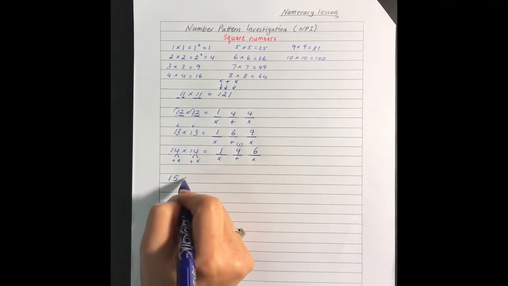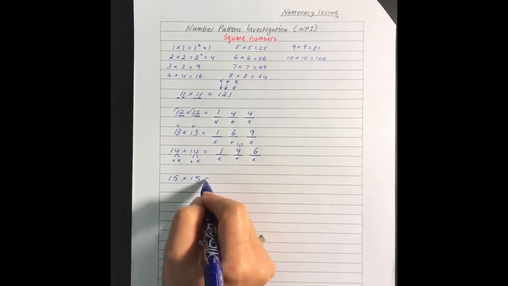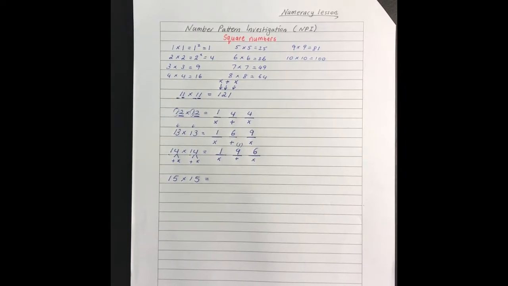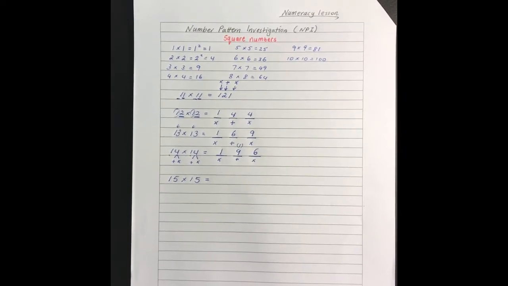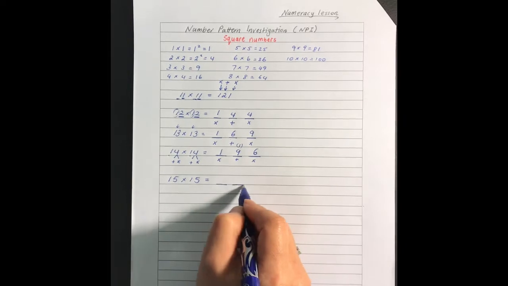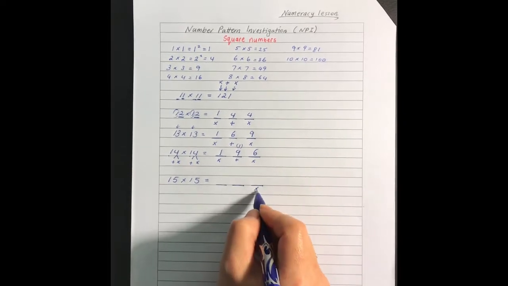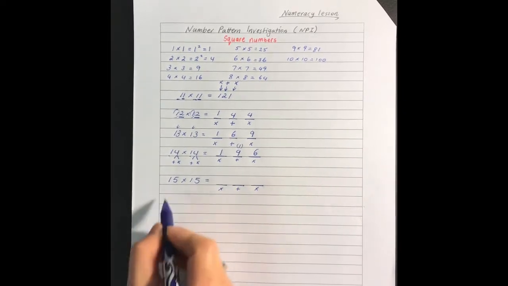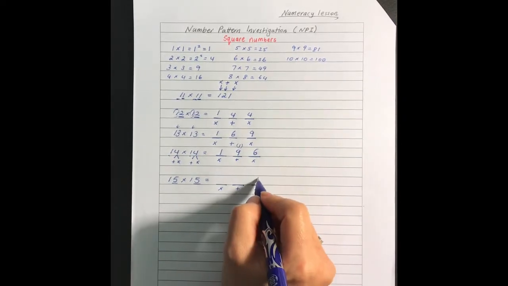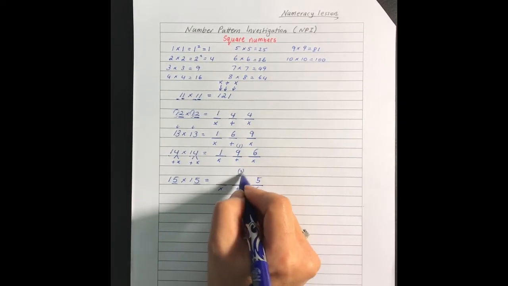Now 15 times 15. From now on, when we times the ones place, it's not going to be just a single digit like 2 times 2, 3 times 3. From 4 onward, we are going to have 2 numbers. So let's set up times, plus, times. 5 times 5, 25. 5 down, 2 up.